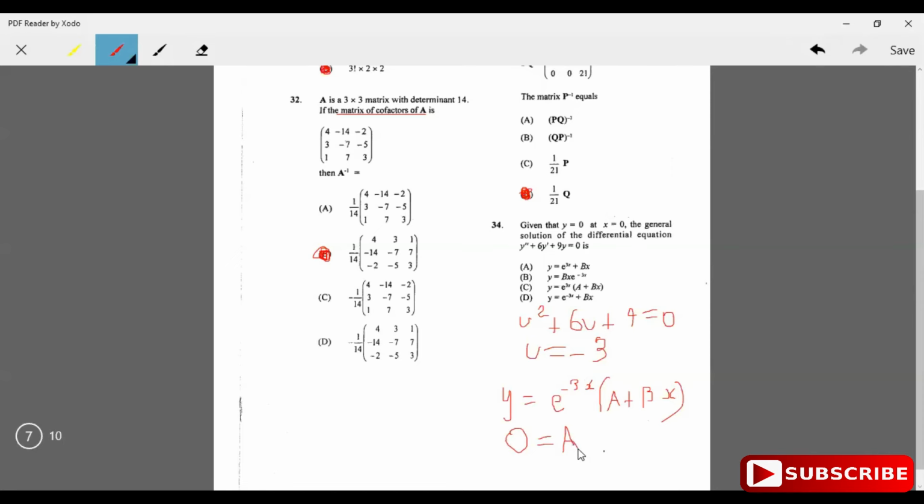If a is equal to 0, then y is equal to e to the minus 3x times bx. So the answer is B.